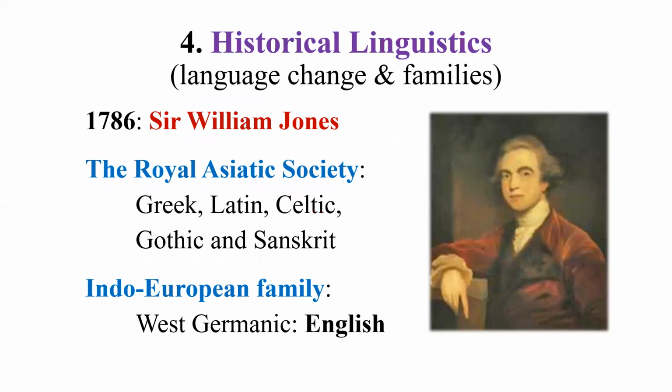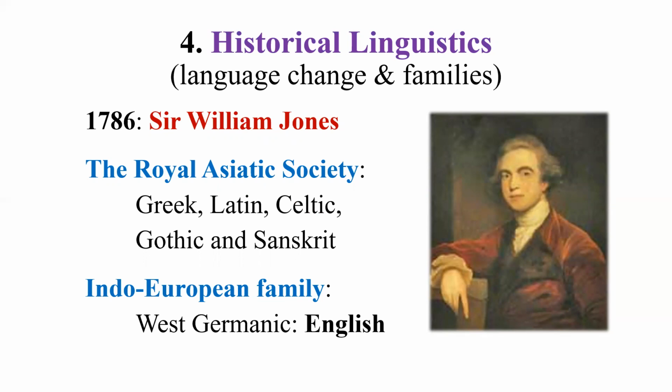Okay, next one. Fourth, historical linguistics. Under historical linguistics, we study language change and language families. Language change means how a particular language grows from one stage to the other, how it developed across ages. For instance, in English, we study Old English, Middle English, Modern English.